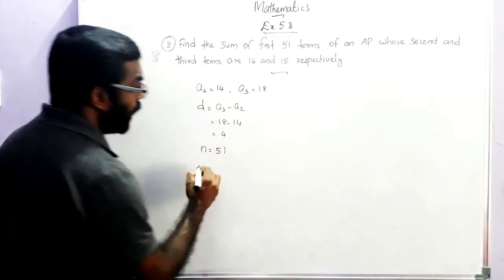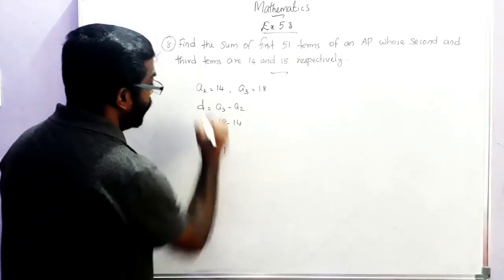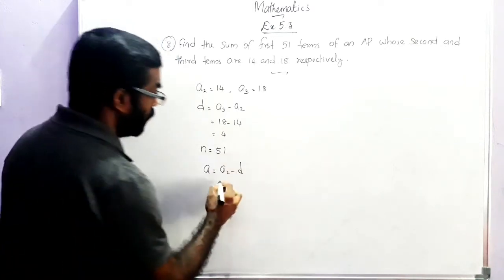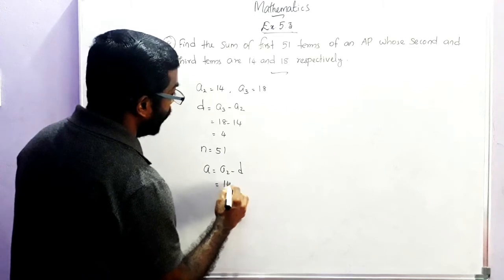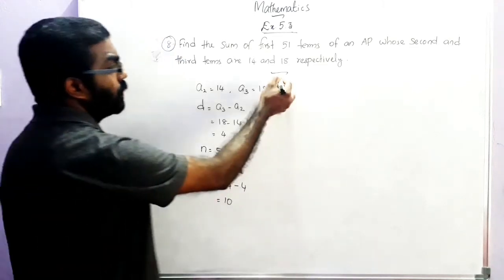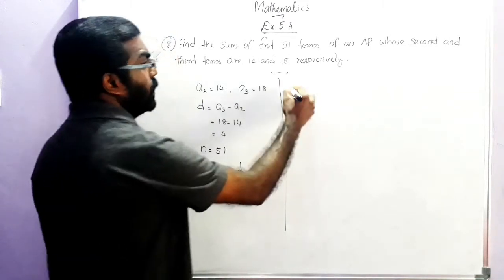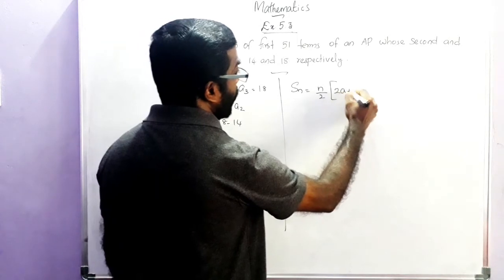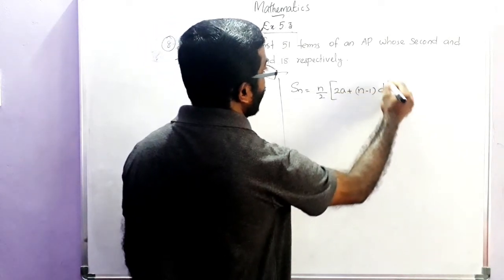Now we can find A. So A is equal to A2 minus D, second term minus common difference. So it will be 14 minus 4, which is equal to 10. Now we can find the sum. Sn is equal to n by 2 into 2a plus n minus 1 into d.